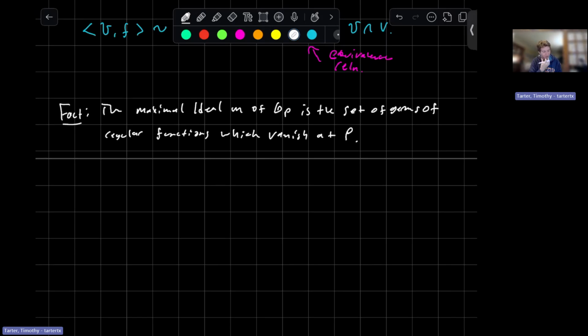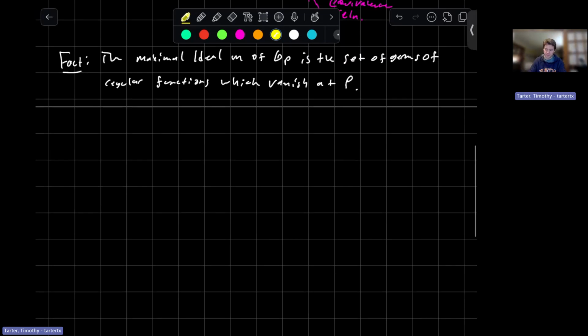And so this is kind of where Hartshorne doesn't talk about what a localization is. The localization by an element or by an ideal is to do whatever makes sense in terms of dividing out by that thing.